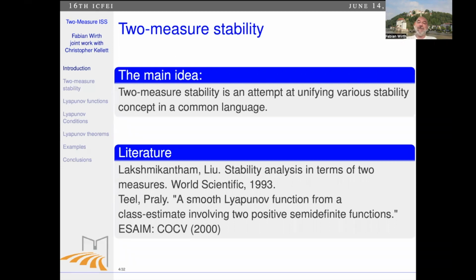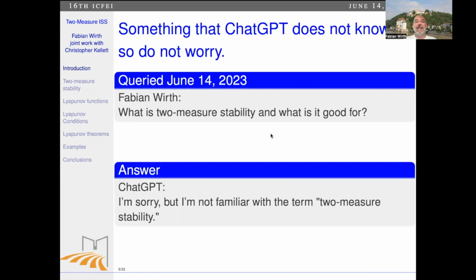And then there's also a famous paper, well, I think, by Andy Teel and Laurent Praly, which gave Lyapunov theory for two-measure stability for differential inclusions. That's already in 2000. That appeared, and that has been very useful actually for our work on these problems as well. And if you're not used to two-measure stability, do not worry.